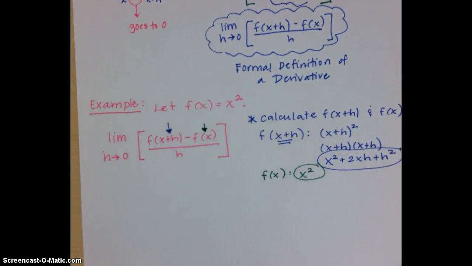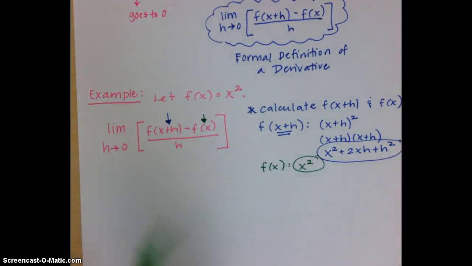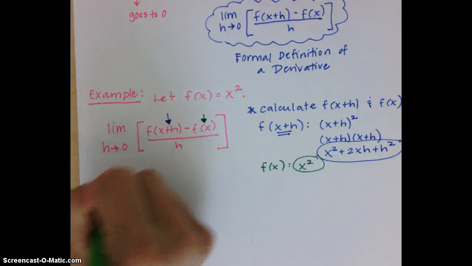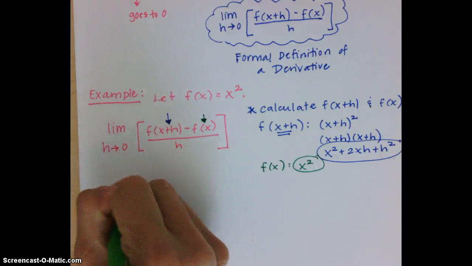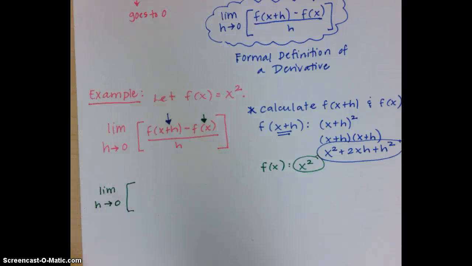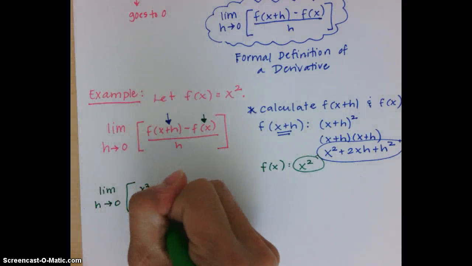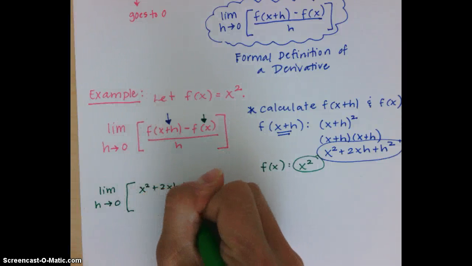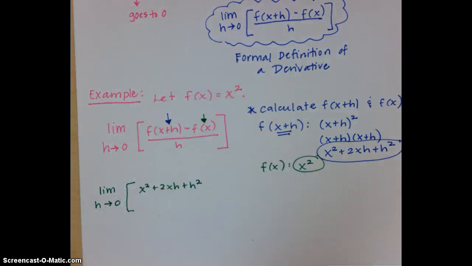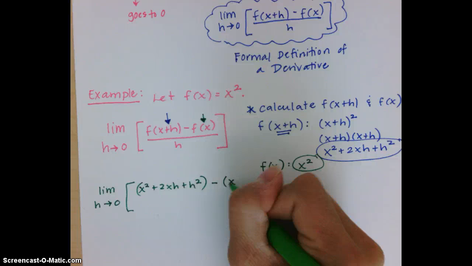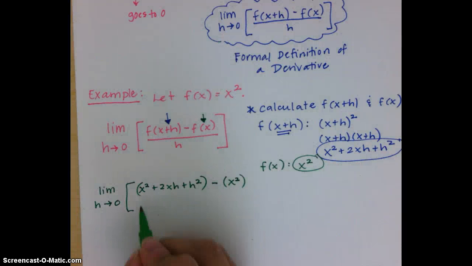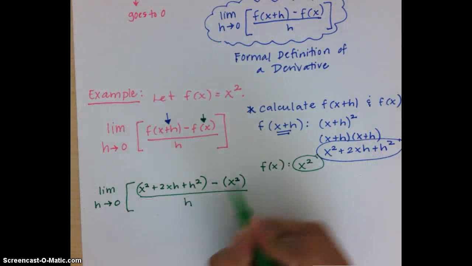All right, so continuing on, what we have is the limit as h approaches 0 of f of x plus h, which remember is x squared plus 2xh plus h squared. And I'm subtracting my second y value, which is f of x, and I'm dividing all of that by h.